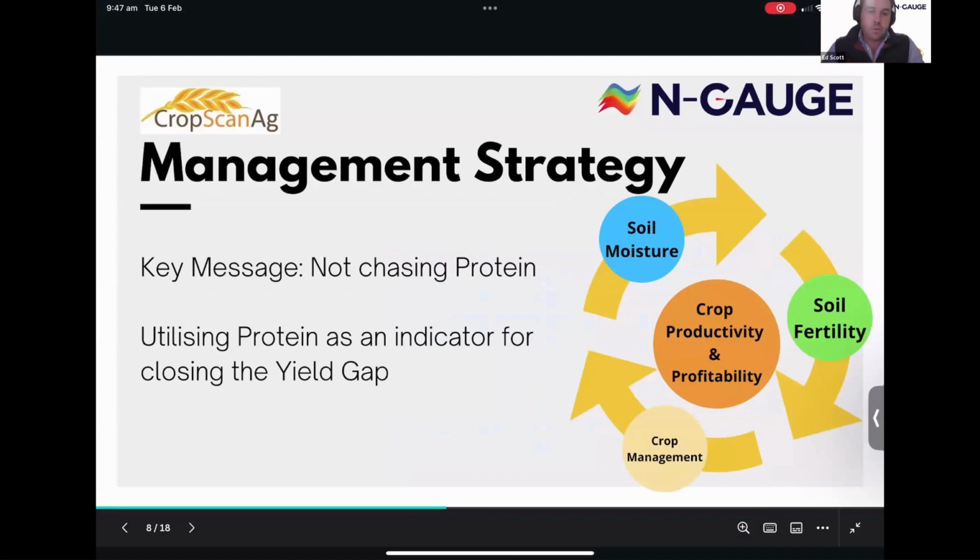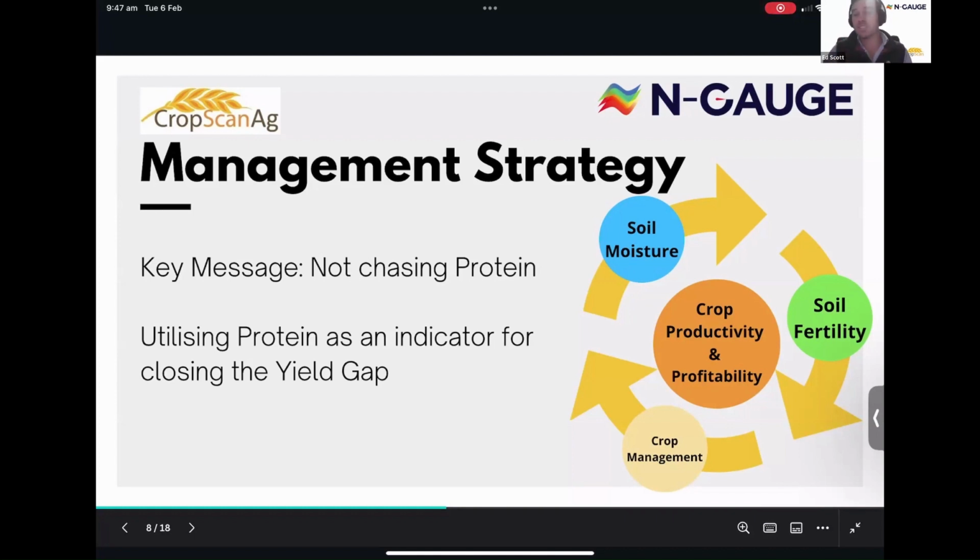The fundamental message is that we're not chasing protein, we're using protein as an indicator. From that last matrix, when you start reverse engineering what the data is telling us, you can see how the nitrogen is having completely different efficiencies.